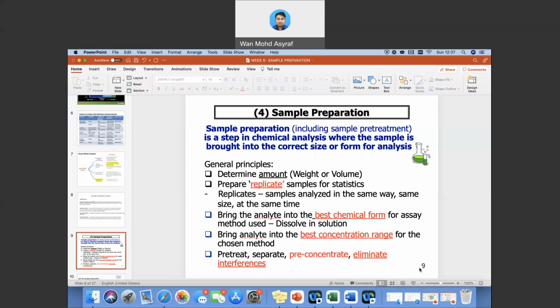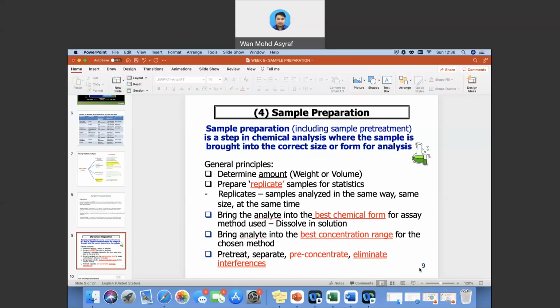It depends on your sample, and it depends on the instrument that you desire to use. Based on the instrument, what is the best chemical form?